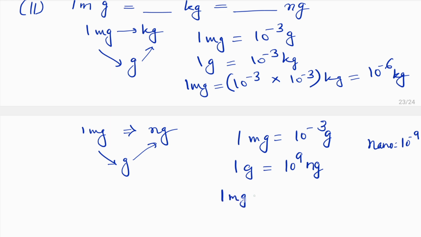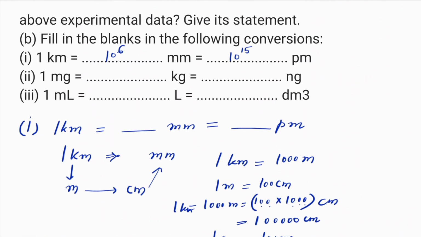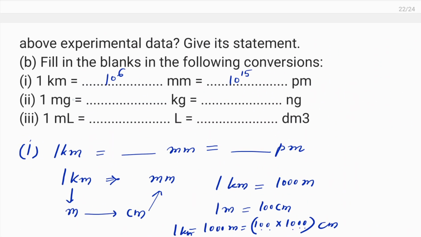So 1 milligram will be equal to 10 raised to power negative 3 multiplied by 10 raised to power 9, which is in nanograms, and this is equal to 10 raised to power 6 nanogram. Okay, so if we see the relation, 1 milligram is equal to 10 raised to power negative 6 kilogram and 10 raised to power 6 nanograms.